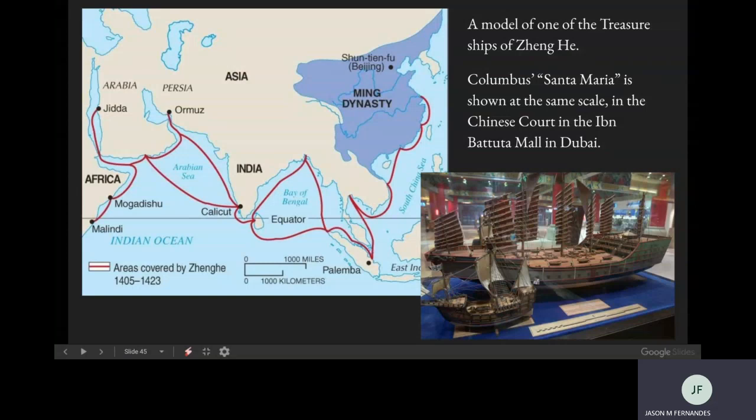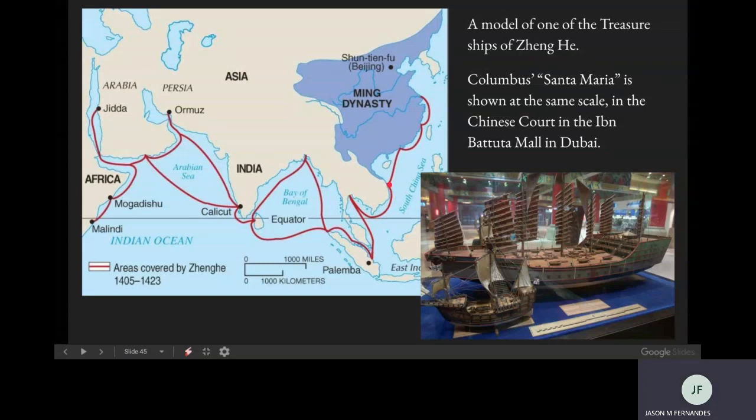What's the purpose of these massive expeditions? And from the records, we can kind of get an idea of what's going on here. They're essentially trying to assert a Confucian world order, especially in Southeast Asia, where China is seen as the father country, where you have relationships with these other countries based on that hierarchy of nations.